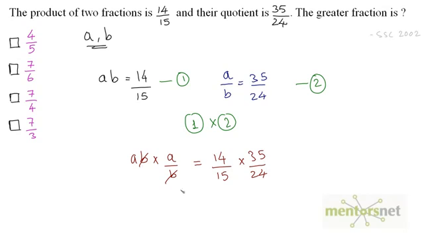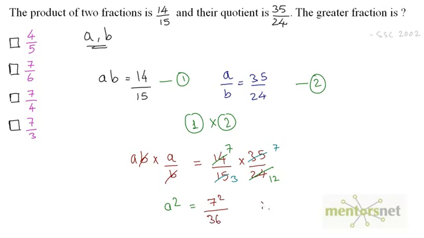What remains is A square is equal to 2 times 7 is 14, 2 times 12 is 24, and here 5 times 3 is 15, 5 times 7 is 35. So we get 7 square divided by, in the denominator, 12 3s are 36.